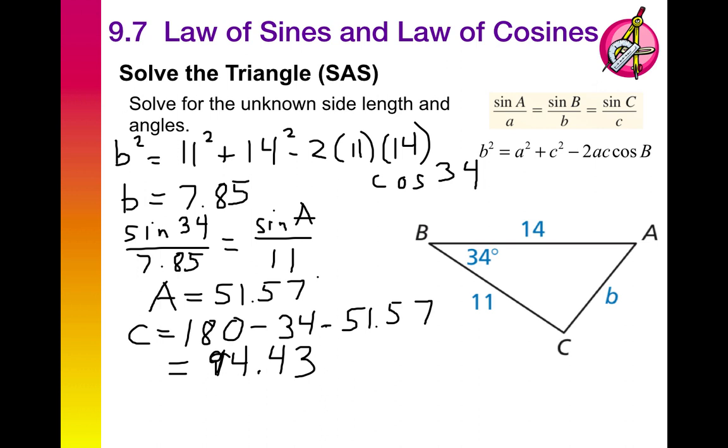So that's how I would solve a side angle side scenario, calculating first the side B and then using the law of sines and the fact that I have triangle sum theorem, just subtracting out the other angles.